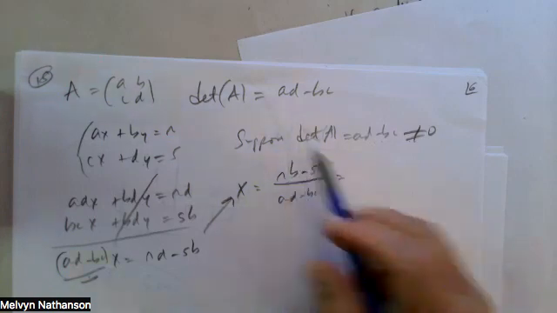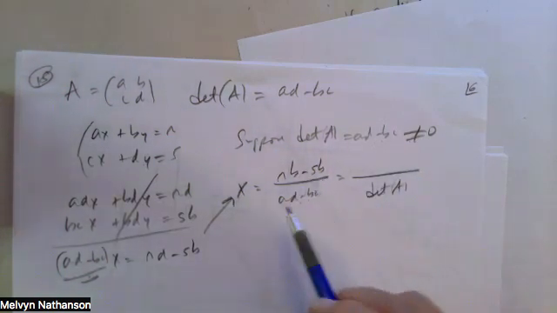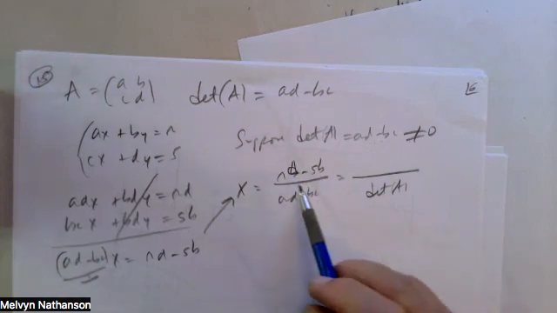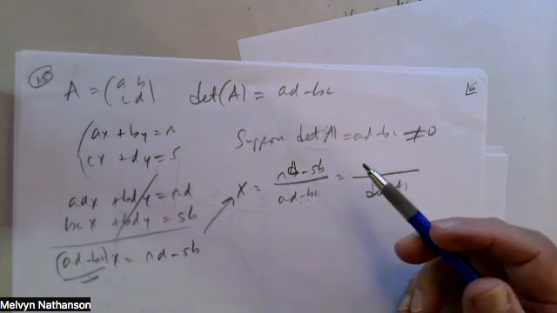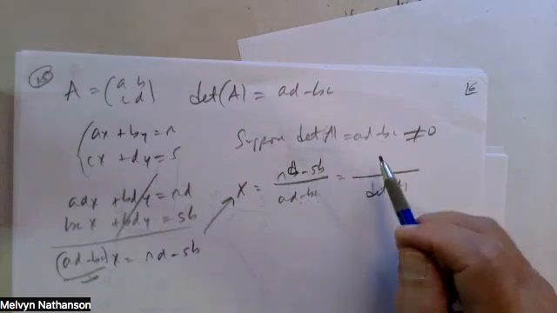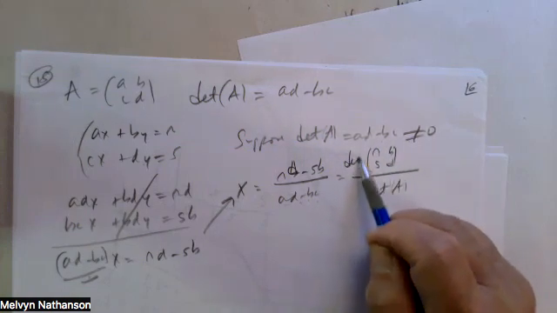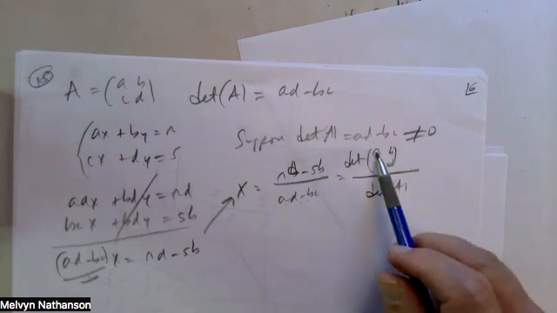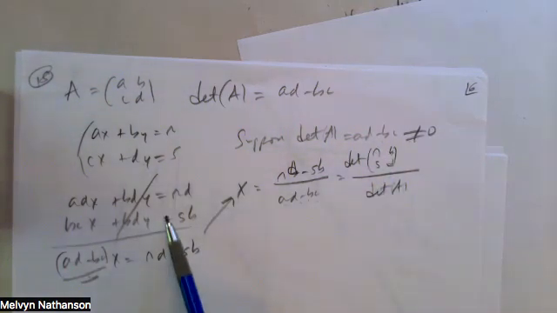AD minus BC is the determinant of A. And RD minus SB, I'm told what the answer is. If I take the matrix R, S, B, D, what is this determinant? RD minus SB. So that's equal to this. So if I solve for X, I get this.